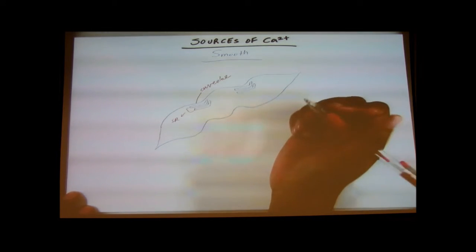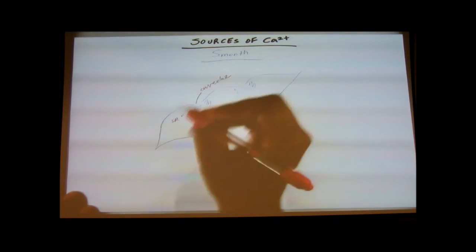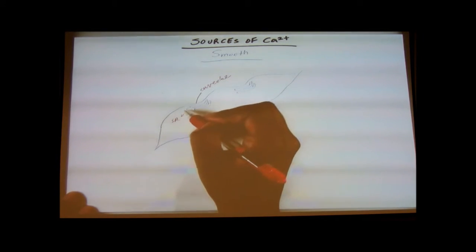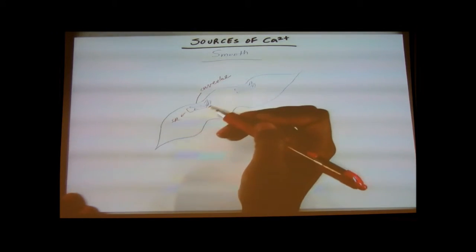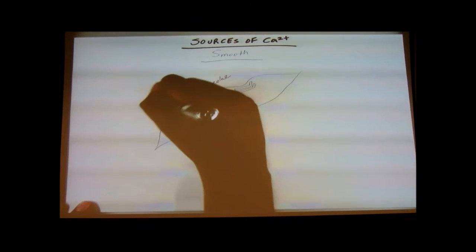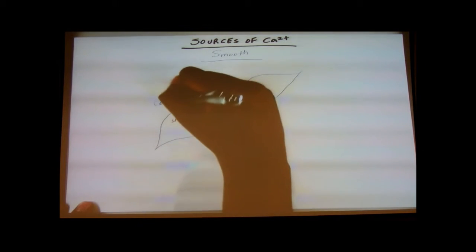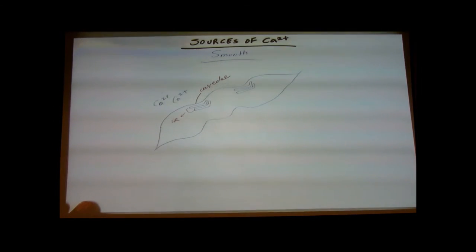And you can imagine that the source of calcium, therefore, in smooth muscles is not mainly from sarcoplasmic reticulum, but in fact, the extracellular calcium ion concentration plays a huge role in smooth muscle cell contraction.